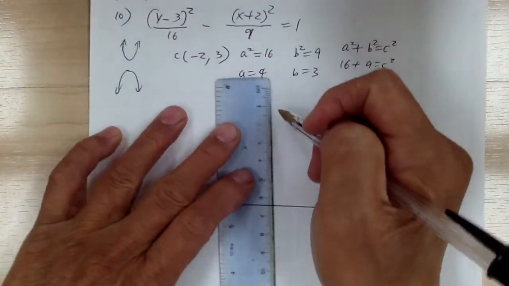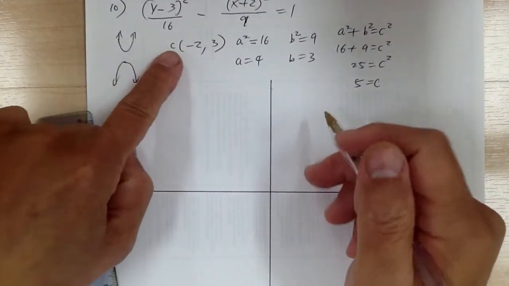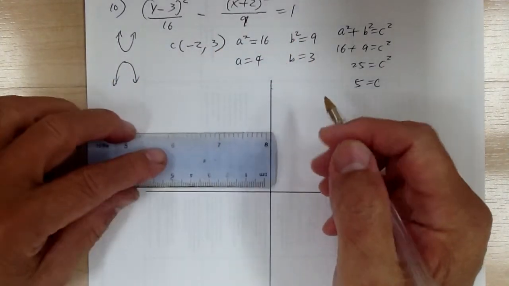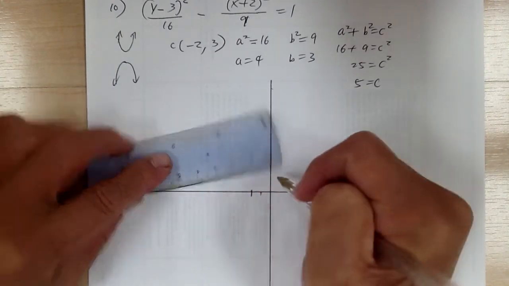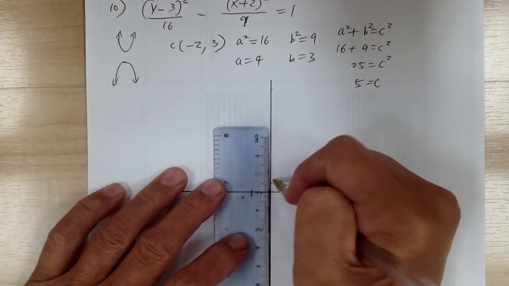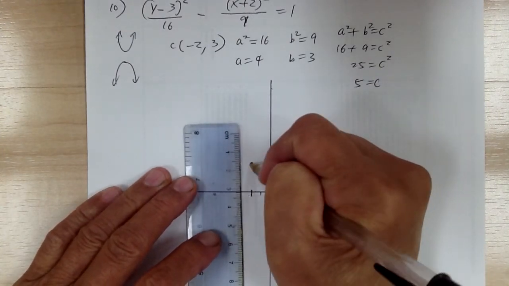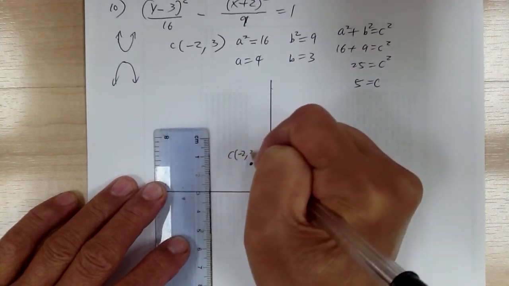So you can draw your box. Start with center, and the center is at negative 2, 3.